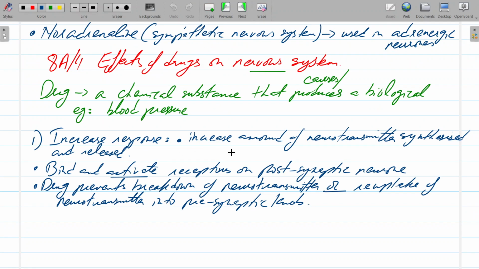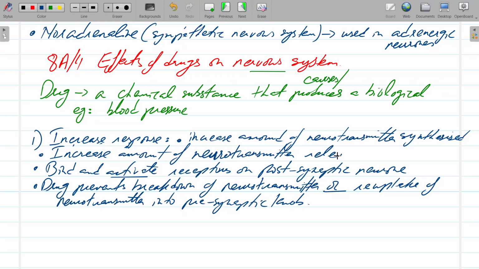We just go back and put this in as a separate point: they increase the amount of neurotransmitter released.